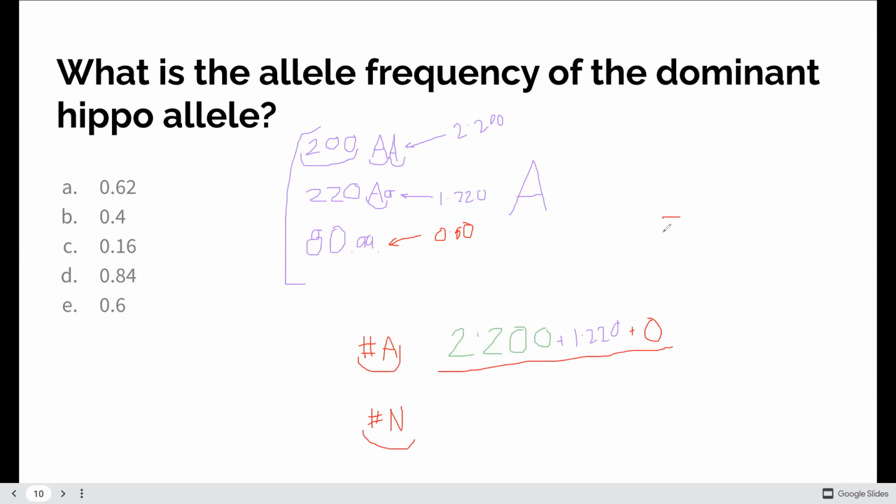There are 500 individuals in this population, and each individual has 2 alleles as a part of their genotype. So there are a total of 1,000 alleles in the population. And so this is 400 plus 220, so 620 divided by 1,000 is 62%.